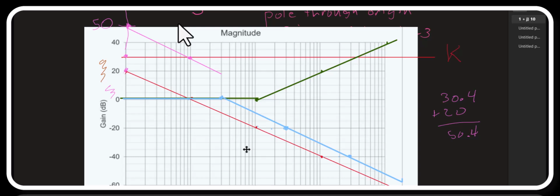Now I have a slope of minus 40, and so I need to go down 40. Right now, I'm a little less than 20. So if I go down 40, I'll be a little less than negative 20. And then I want to go over to the same place on the next decade, which is right here.